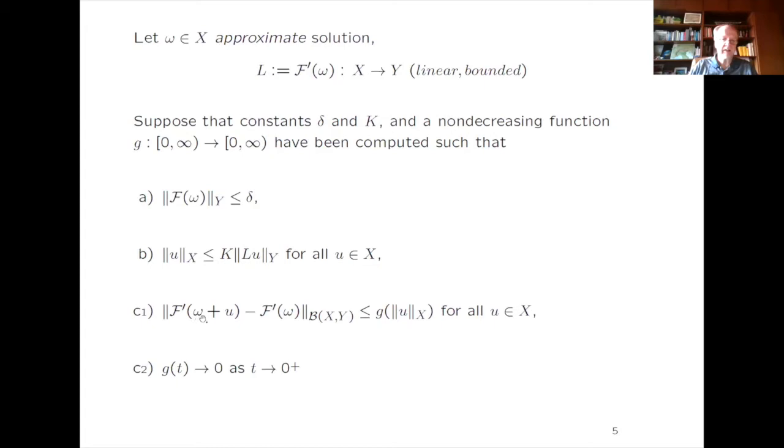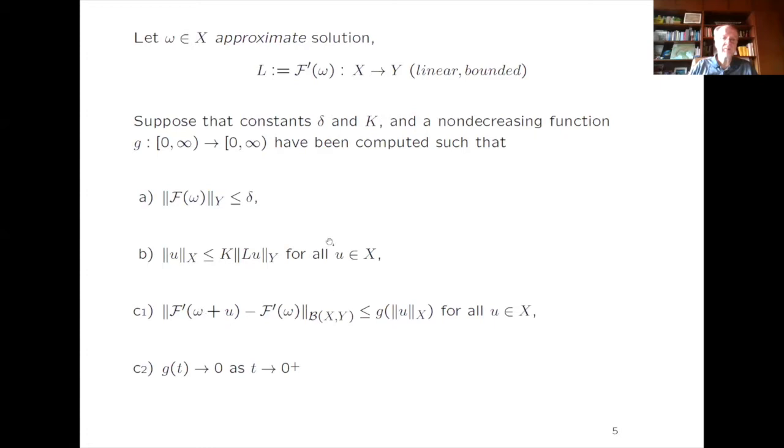So we have the norm of F prime of omega plus u minus F prime of omega, measured in the norm of bounded linear operators, is less than or equal to this function g, which we assume to have at hand, applied to the X norm of u. And we want g of t to tend to 0 as t tends to 0.